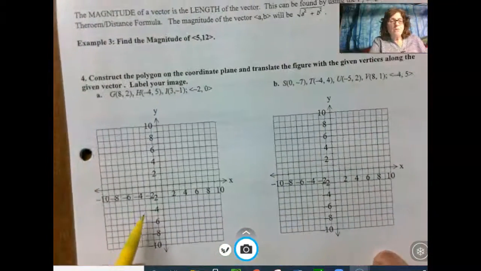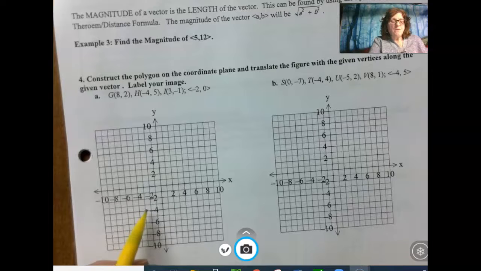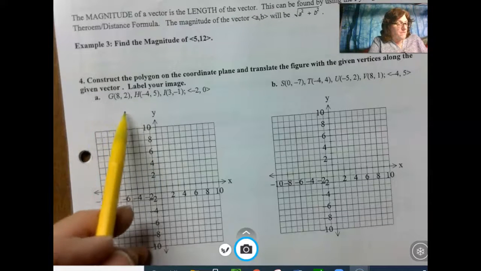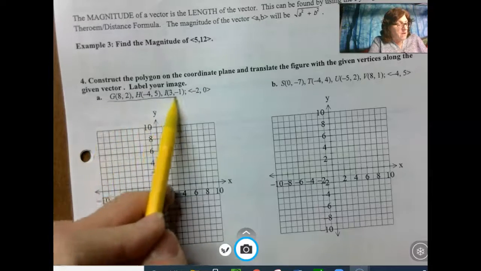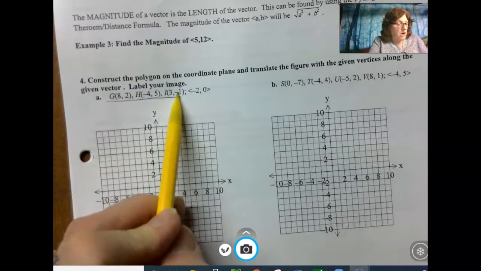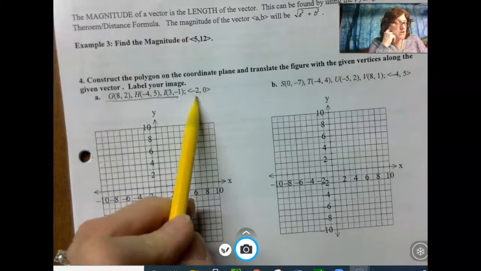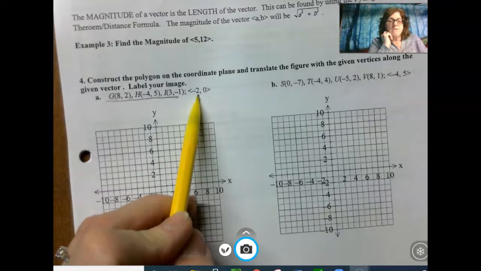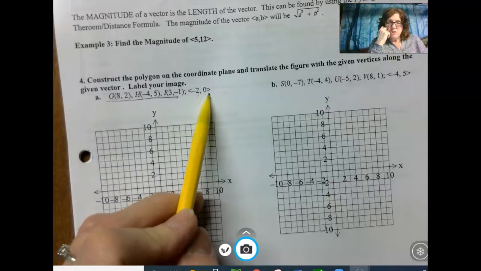So now let's jump to number 4 here. The first thing I want you to do is put the video on pause. I want you to graph the triangle GHI, and then move it, or translate it, along the vector -2, 0, which means you're going to move each of these coordinates 2 to the left, and there's no y change.